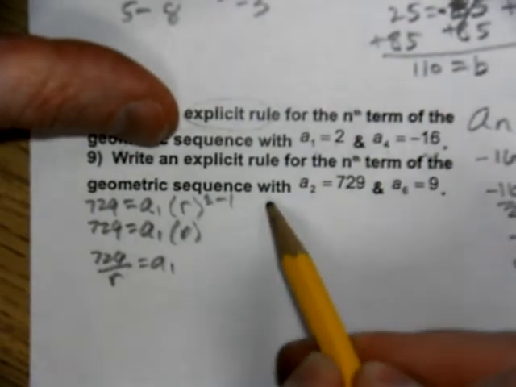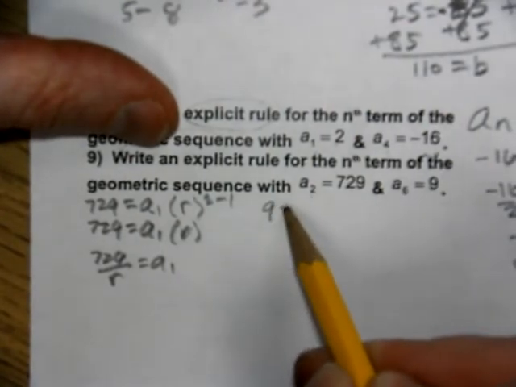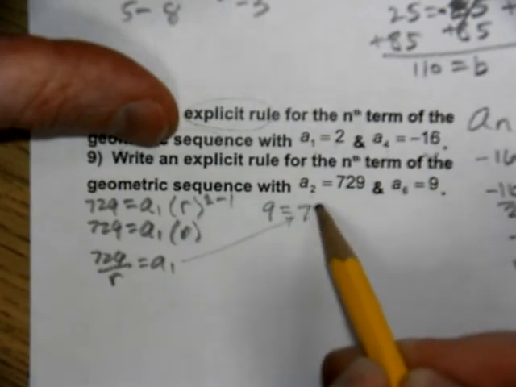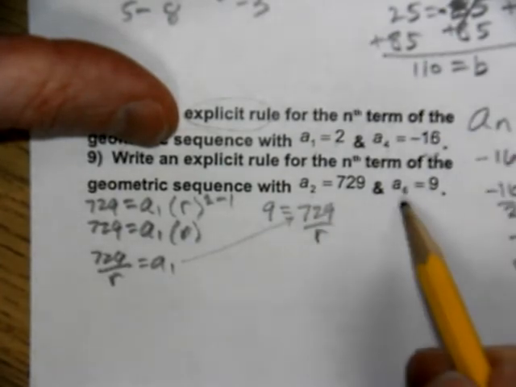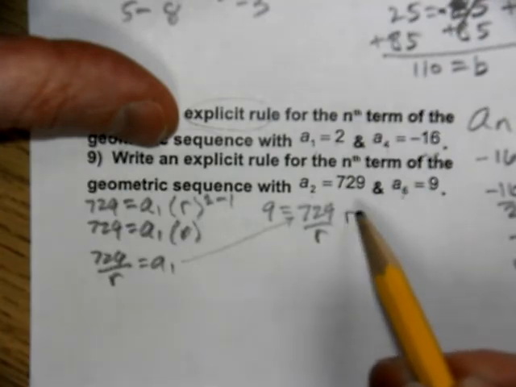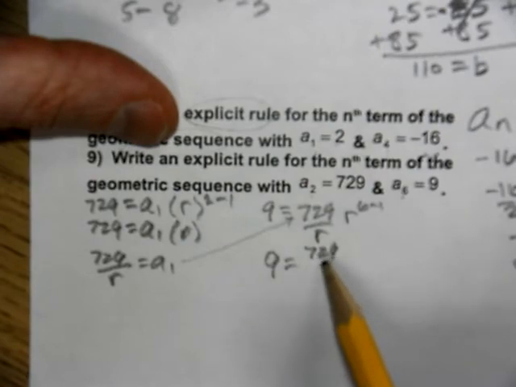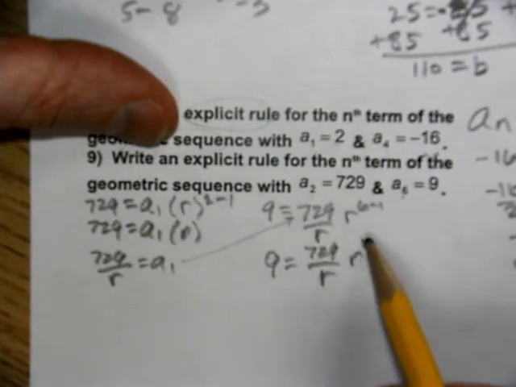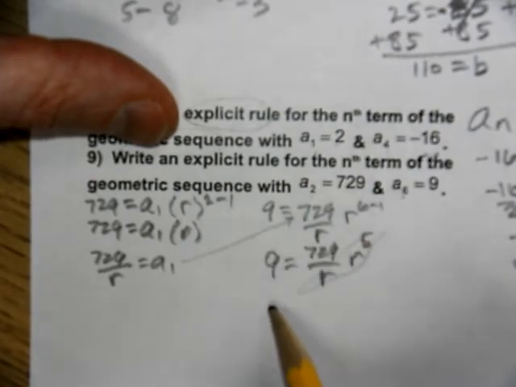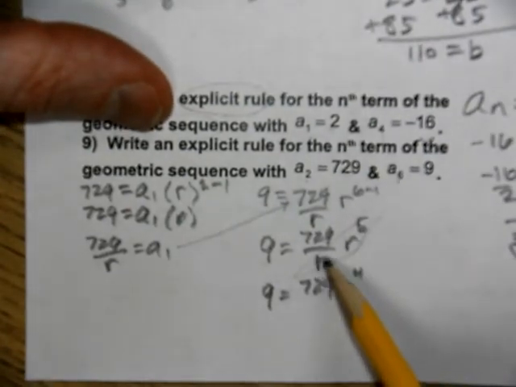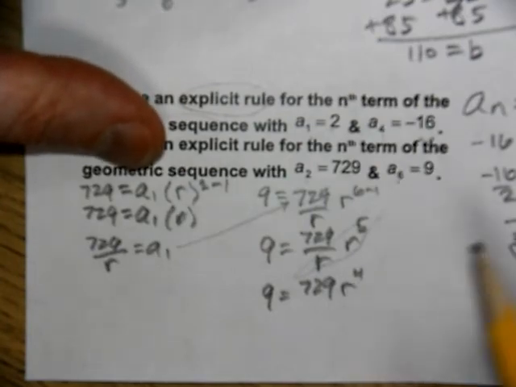Now we're going to come over and use our other point. 9 equals our new a of 1, which is 729 divided by r, but our new r value is 6. So that's 9 equals 729 over r, times r to the fifth. These can reduce. 729 r to the fourth. We have 5 on top, 1 on bottom. They reduce out to become r to the fourth.